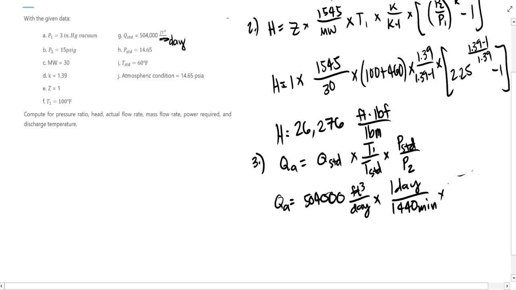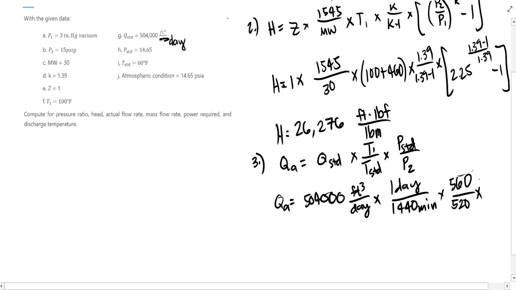So, times, yung T1 is 560 all over, T standard natin is 60 degree Fahrenheit. So, 460 plus 60 is equal to 520. So, lagay natin dyan 520. Multiplied by standard pressure.